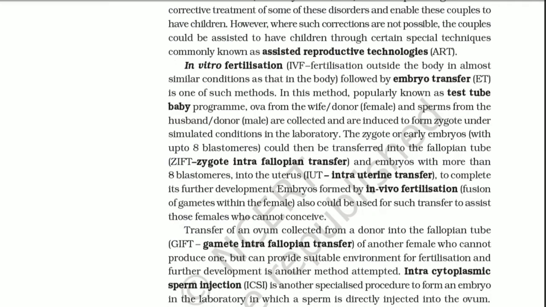This is ZIFT, zygote intrafallopian transfer, and embryos with more than 8 blastomeres are transferred into the uterus by IUT, intrauterine transfer, to complete its further development. Embryos formed by in vivo fertilization, that is by fusion of gametes within the female, also could be used for such transfer to assist those females who cannot conceive.